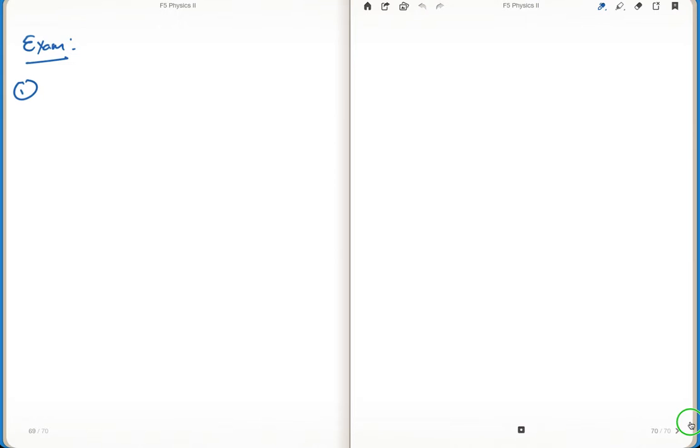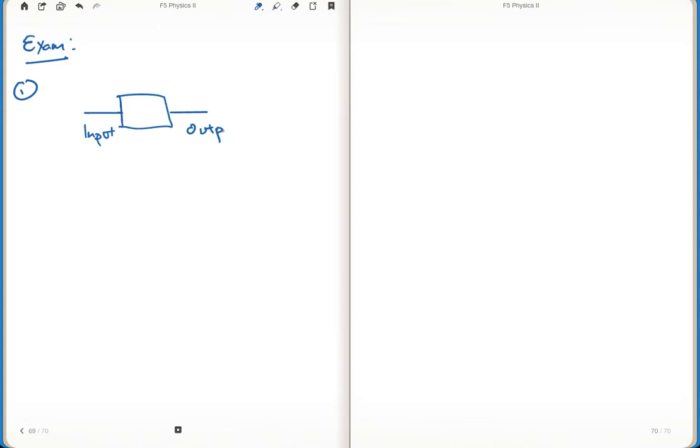So let's convert it into a diagram, a box diagram, input and output. Normally when you have a question, you try to put it into input and output in this manner. It helps you to solve the question better.